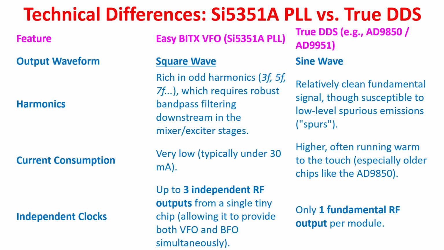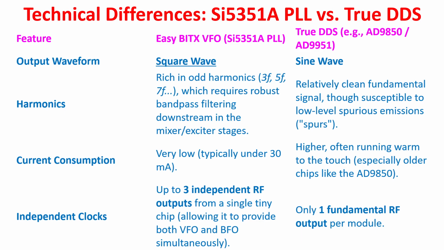Then independent clocks: up to 3 independent RF outputs from a single tiny SI5351A chip, allowing it to provide both VFO and BFO, beat frequency oscillator, simultaneously in the ECBTX. While with true DDS, only one fundamental RF output per module is possible.